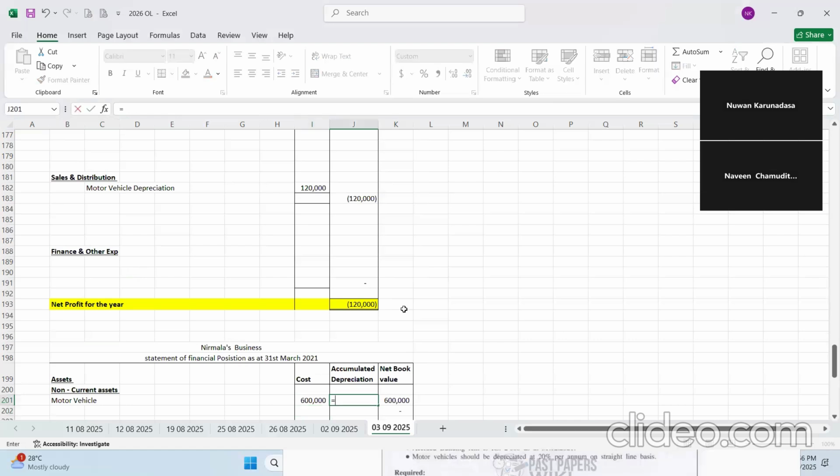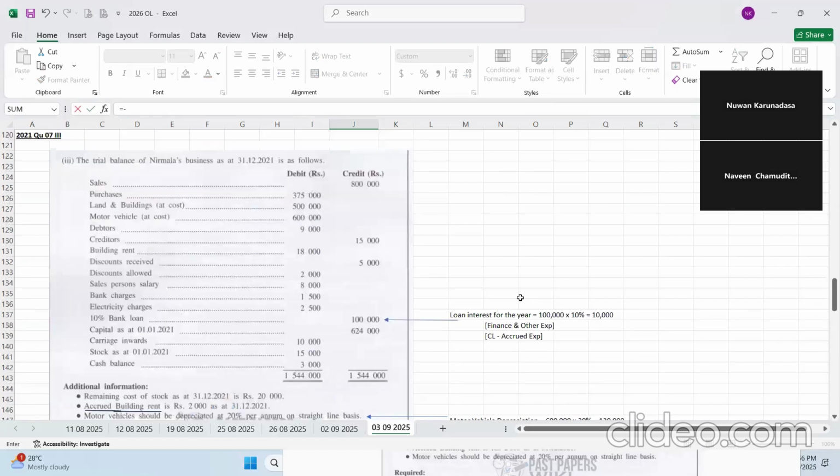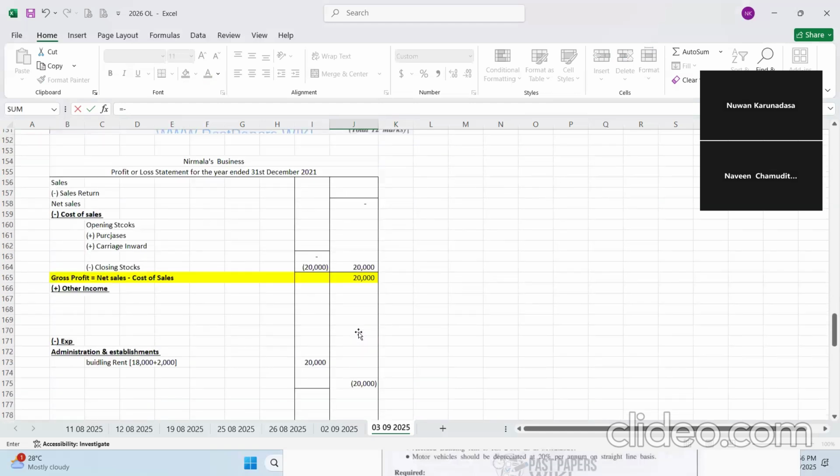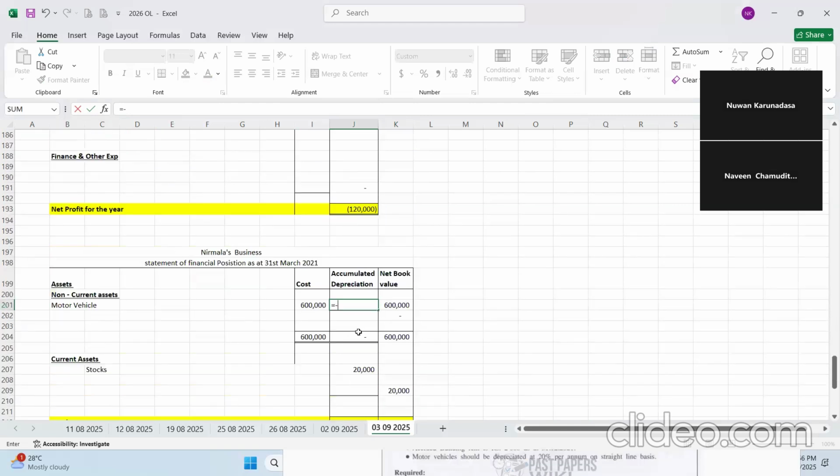Then accumulated depreciation is opening depreciation plus charge per year. How much is the opening? Motor vehicle opening depreciation they haven't given, that means zero. Charge for the year only came how much? 120,000. So here minus 120,000, you get the net book value 480,000. If you have an opening balance, you must add it and put it here.